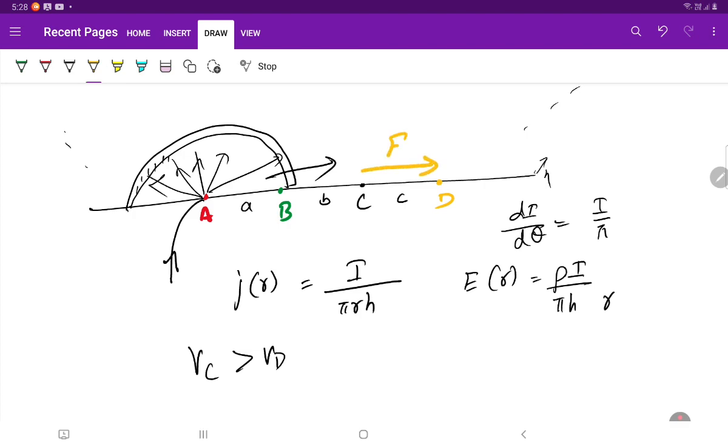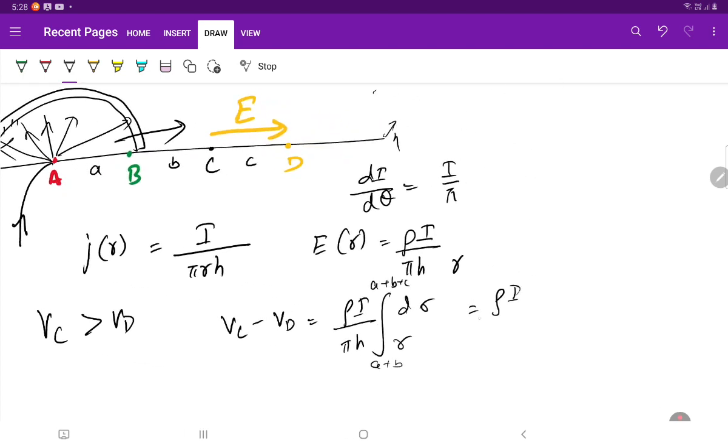So I can say Vc minus Vd is equal to rho I by pi H ln, because we are doing an integration, dr by r integration from C to D. Now distance of C from A is basically a plus b, and distance of D from A is a plus b plus c. Hence this integration will come out to be rho I by pi H ln of (a plus b plus c) by (a plus b).